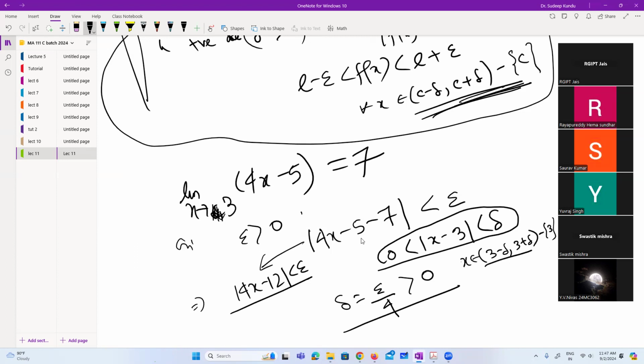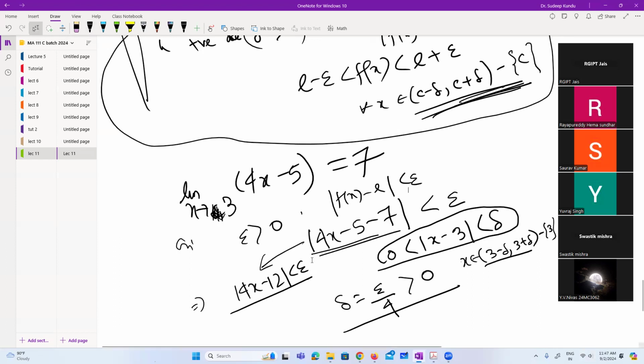So this is one interval, 3 minus delta to 3 plus delta, and 3 is excluded. You find one delta such that this relation holds, that mod of f of x minus L is less than epsilon. Is it clear?